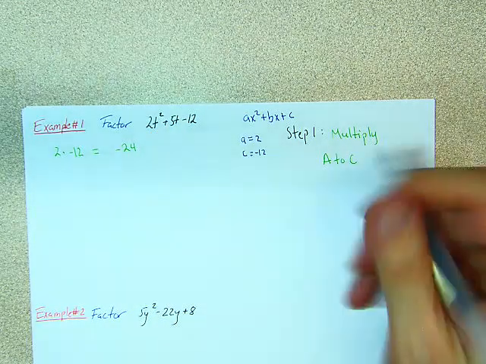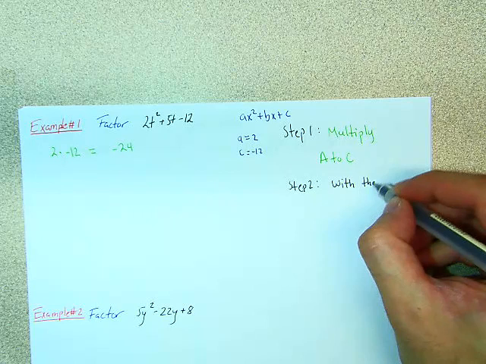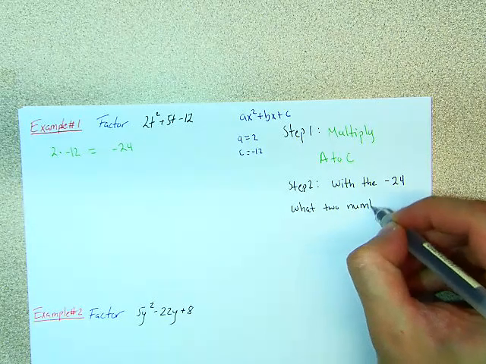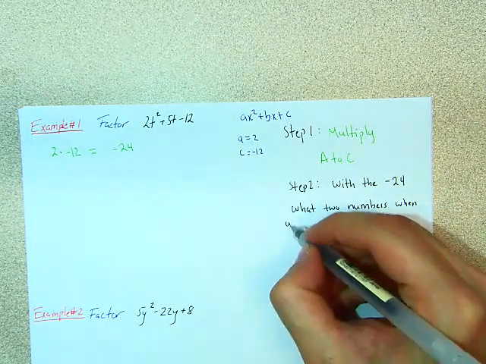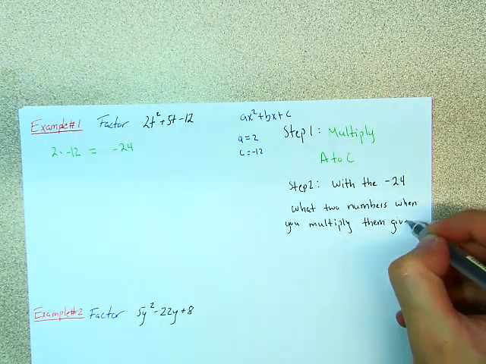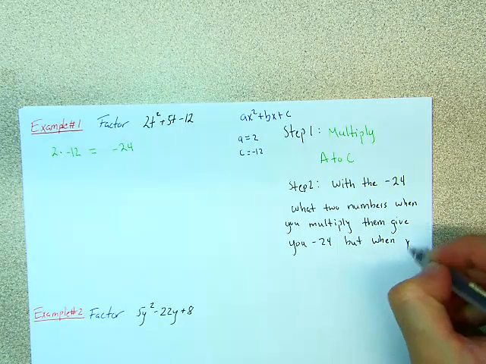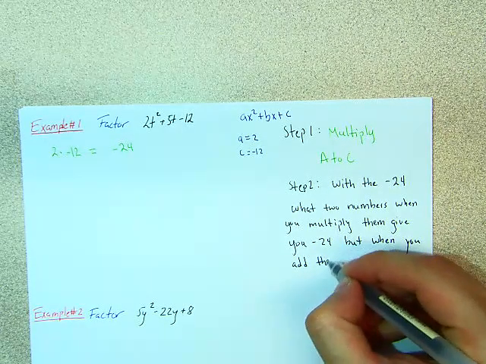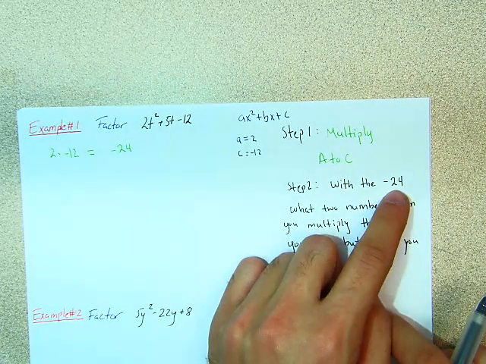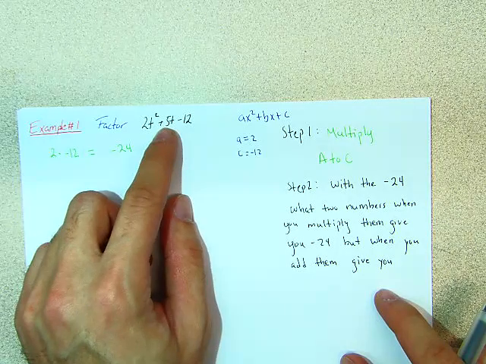Now, step 2. With that negative 24, what two numbers, when you multiply them, give you negative 24, but when you add them, give you that b?